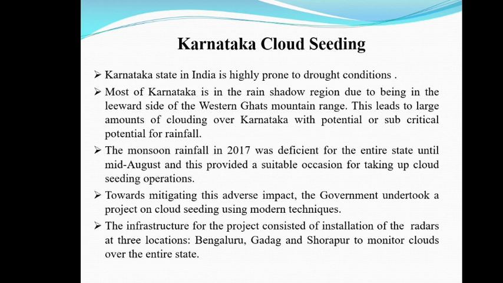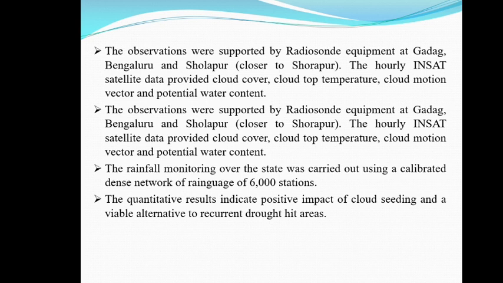Toward mitigating this adverse impact, the government undertook a project on cloud seeding using modern techniques. The infrastructure for the project consisted of radars at three locations: Bengaluru, Gadag, and Sholapur to monitor clouds over the entire state. The observations were supported by radiosonde equipment at Gadag, Bengaluru, and Solapur.